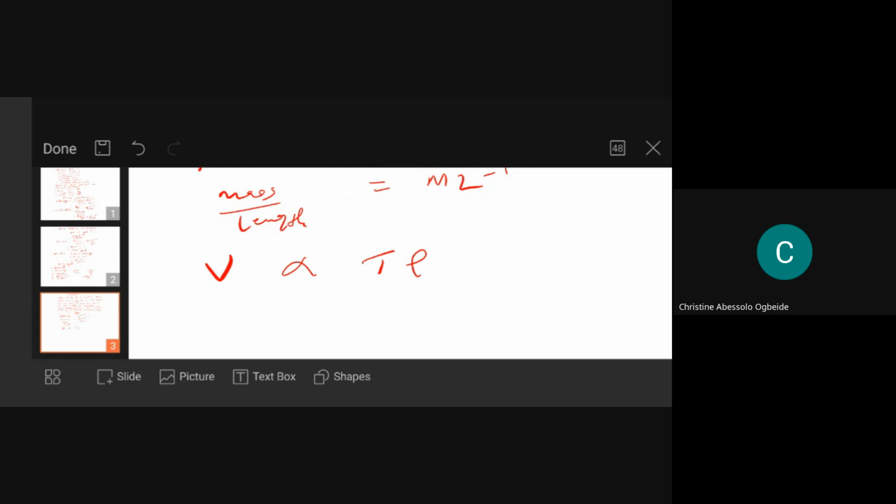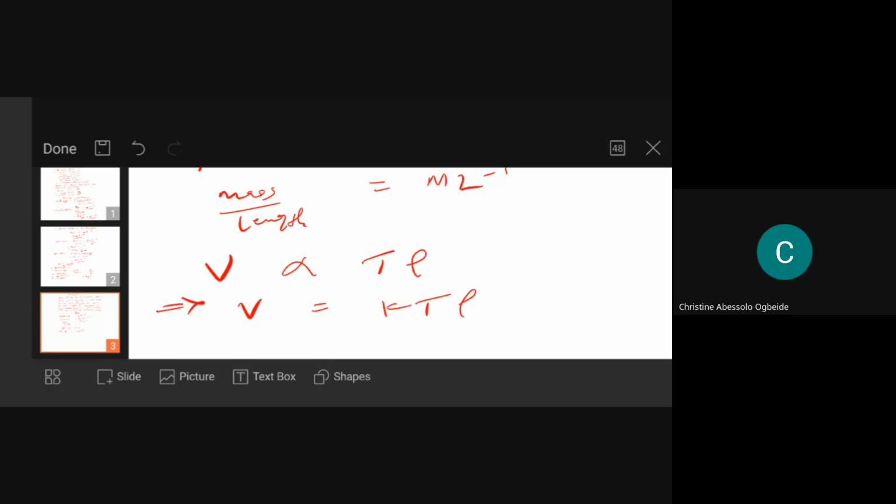So if the velocity depends on T and rho, it implies that V must be equal to K, T, and rho, where this K is simply a dimensionless constant. It can be anything. Usually we assume it to be 1 when solving problems, or we just ignore it, and at the end of the exercise, we bring in what K is, because K is simply a constant.